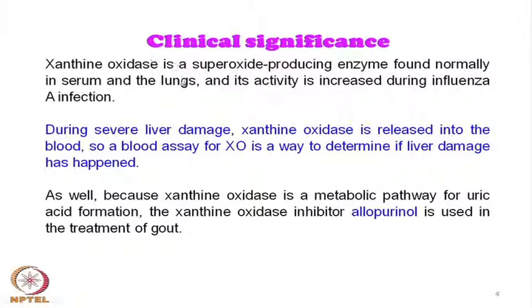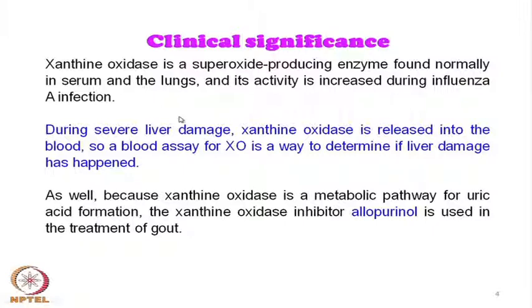So, during some abnormal conditions in the flu, in a person suffering from influenza A infection, the xanthine oxidase present in his or her body is a little bit more active. That means it can work well on the xanthine molecule, and it is producing more and more uric acid.